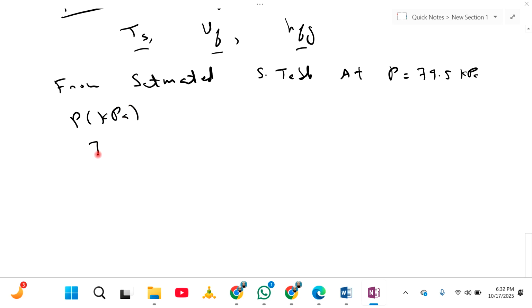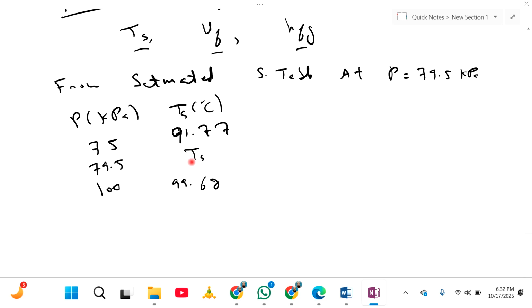In the steam table, 75 and 100 kilopascal are available, but 79.5 is not available. Temperature in degree centigrade. At 75 kilopascal, saturation temperature or boiling temperature is given as 91.77. At 100 kilopascal, boiling temperature is 99.62, and here this is required.